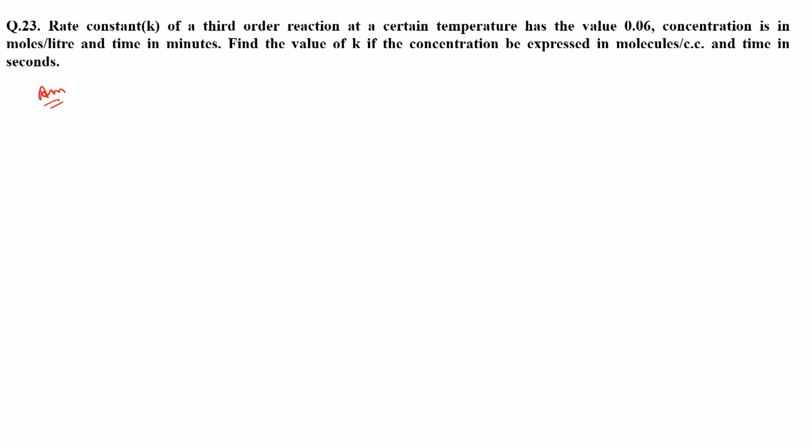So rate constant k is given as 0.06 mole to the minus 2 liter square minute to the minus 1, which is the unit of k in a third order reaction.